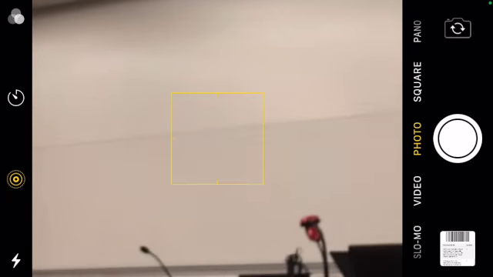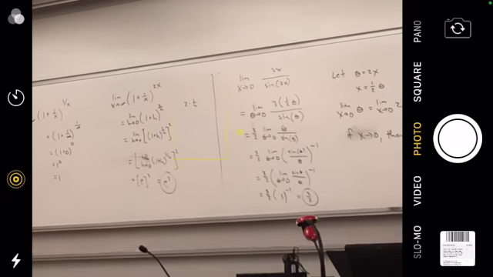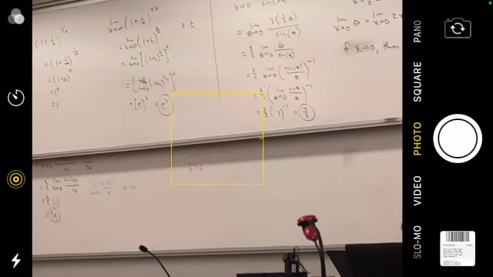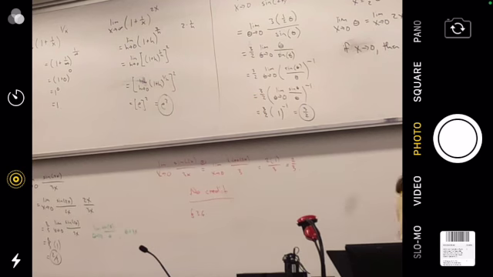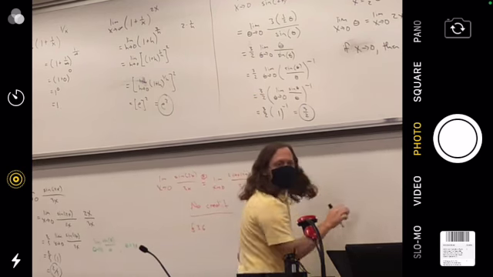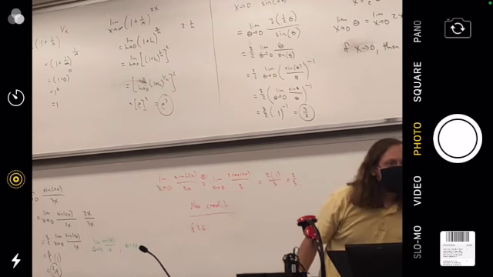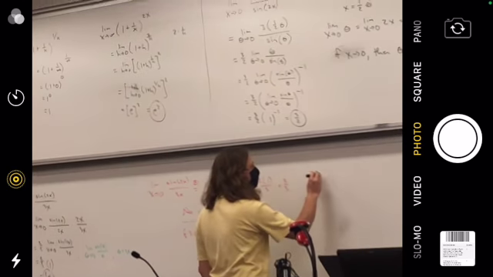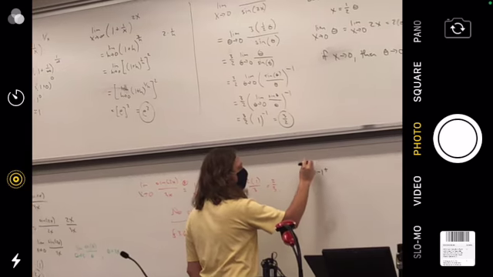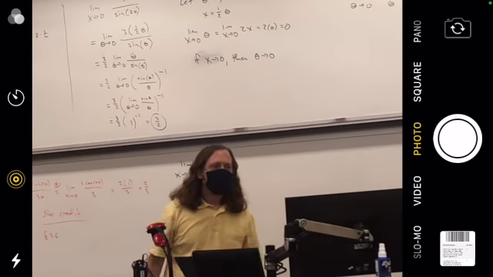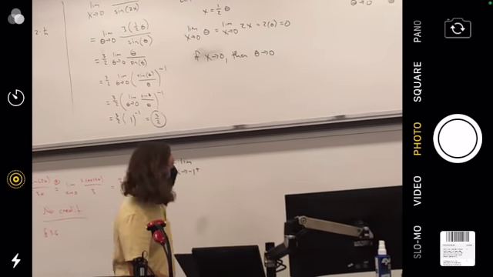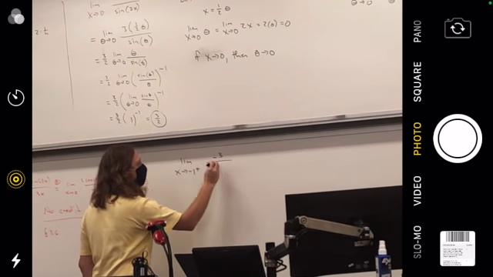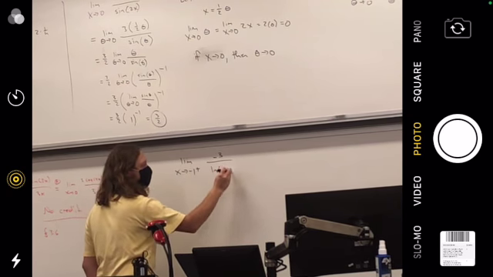All right, let's do some other things. Let's find the limit when x goes to -1 from the right of -3 divided by the natural log of x plus 1.